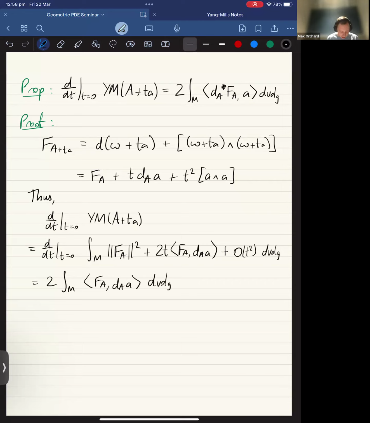And the claim immediately follows just by the definition of this formal adjoint. Cool. Now, it follows that the minimizers of this Yang-Mills functional have to satisfy this derivative being equal to 0 for every a.